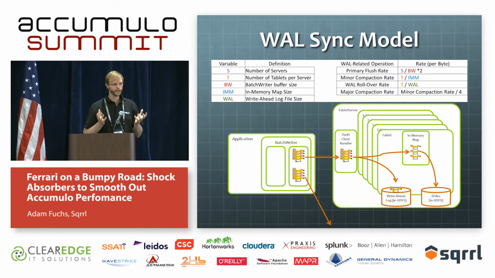So since we're building a write-ahead log synchronization model here, we care about accounting for write-ahead log synchronizations. And I've got two different classes of write-ahead log synchronizations that I'm going to track. One of those is primary write-ahead log syncs. So these are things like when I send a mutation group into a tablet server, it synchronizes and then acknowledges to the client. Tablet definitions are when I write a new mutation, I also write in an element in there that says, all right, for this tablet, I'm going to refer to it as number 1.